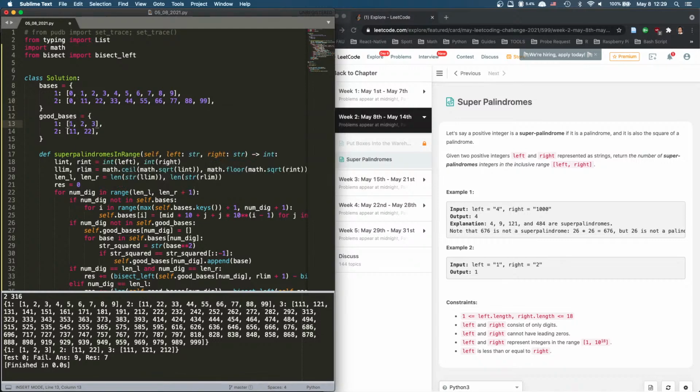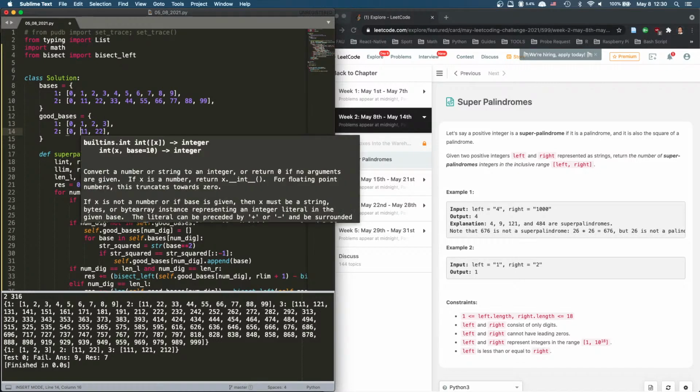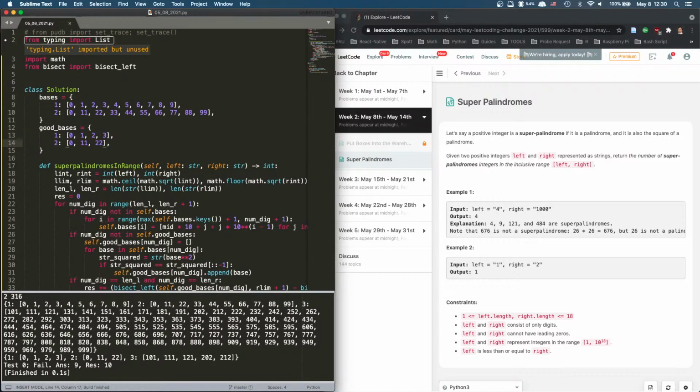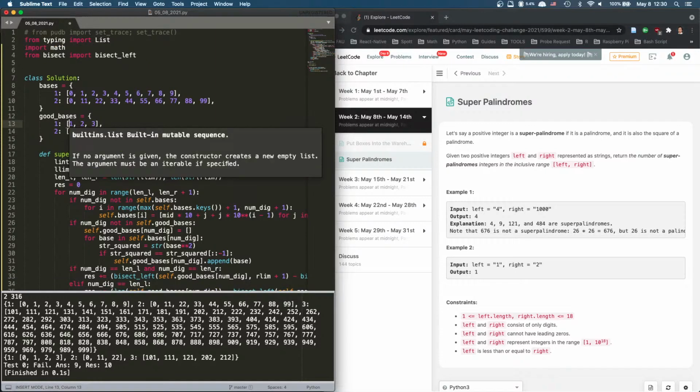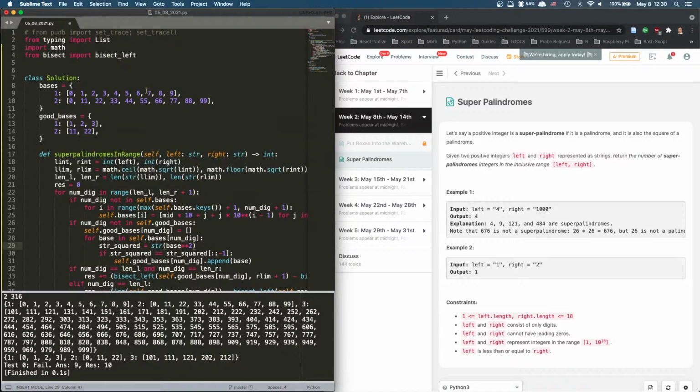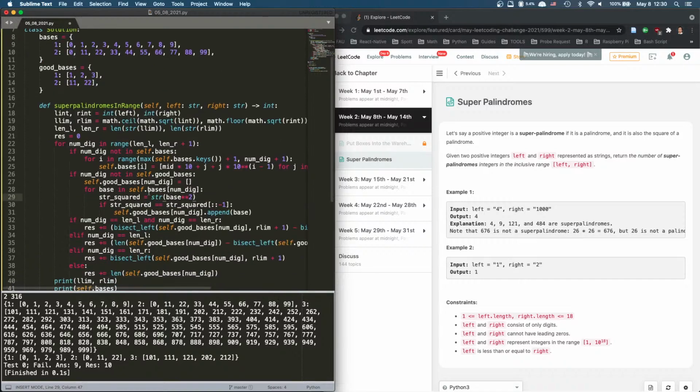Good bases. Zero is a good base, but we don't include it. Will we include it? I mean, we can include it, but it's fine. It's not going to be affecting. No, no, no. We cannot include it because we will count zero. We don't want to count zero, but we have to put zero here, which is fine. But when we push into, it's going to be this.